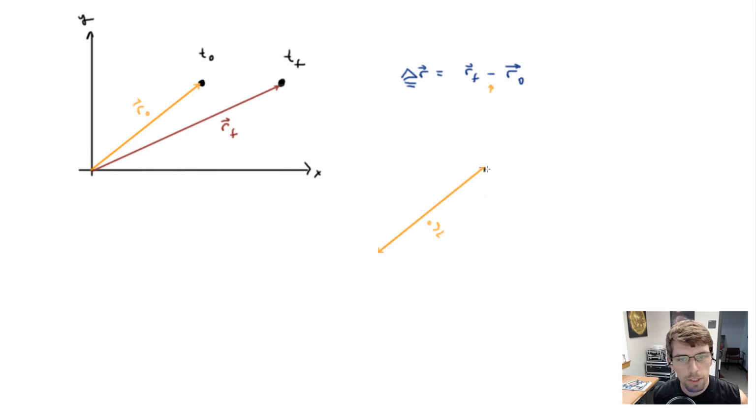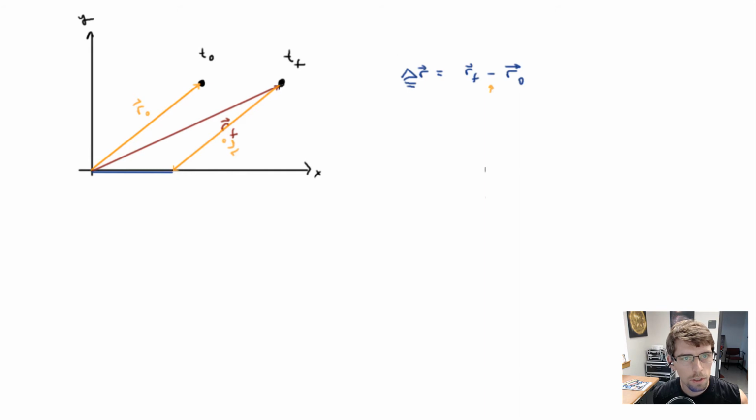And now I just simply need to do the tip to tail method. So let me take this, and we're going to move it to the tip of the final. See that? Good. And then lastly, we draw from the empty tail to the empty tip.